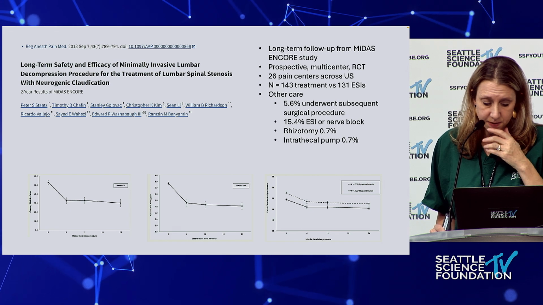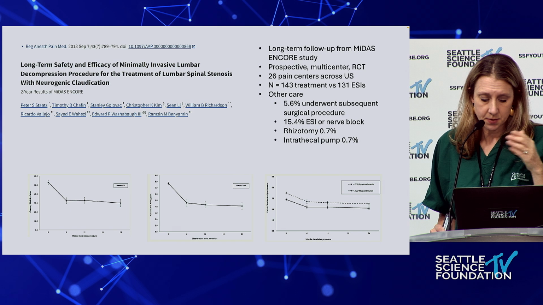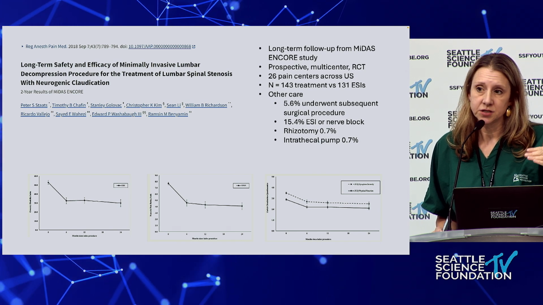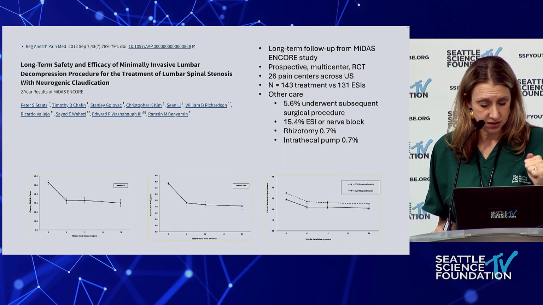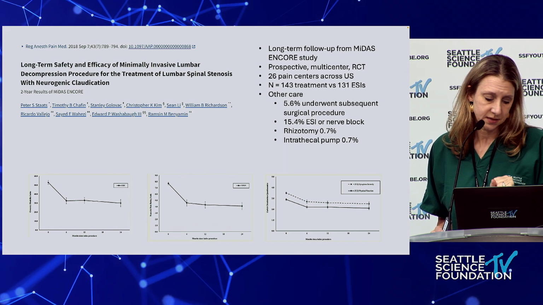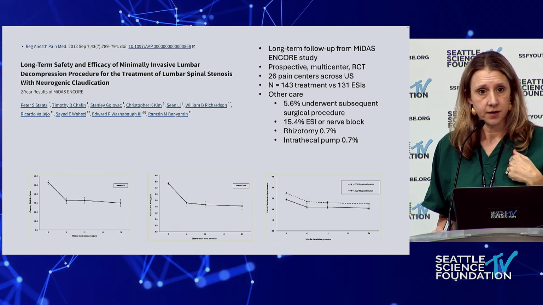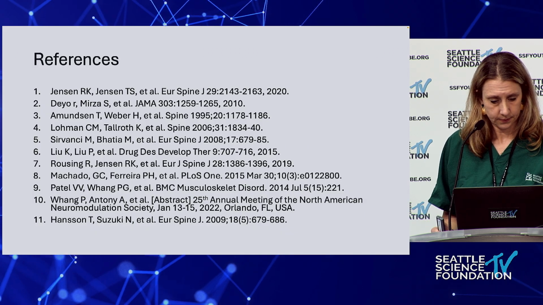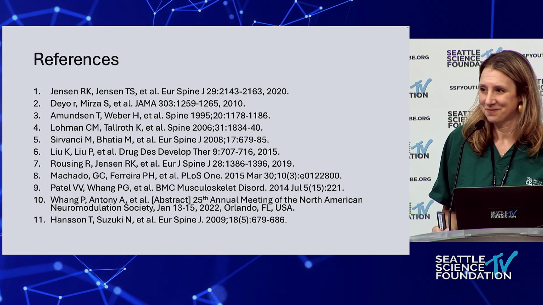Only 15% of those patients continued to require nerve blocks. Rhizotomy and intrathecal pump implantations were also very low. So we saw a reduction in overall need for medical intervention after this procedure. Across the bottom, you can see the outcome data in regard to neurogenic claudication questionnaire results. These are my references, and I hope you do take a look at them.